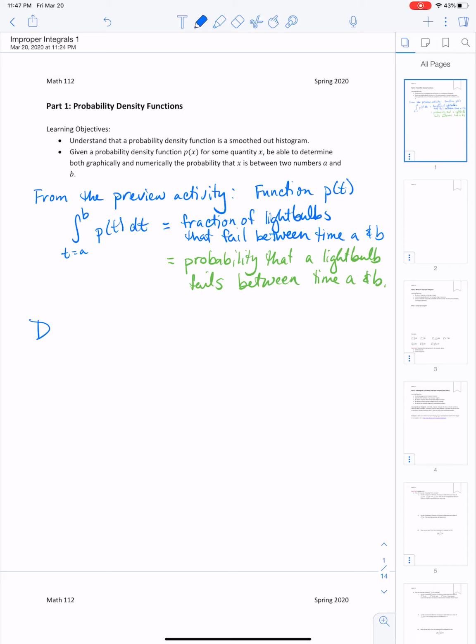And so I'd like to go ahead and write out the definition of a probability density function.